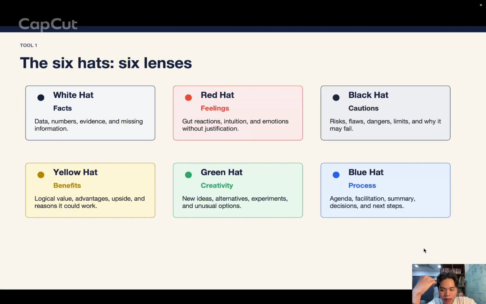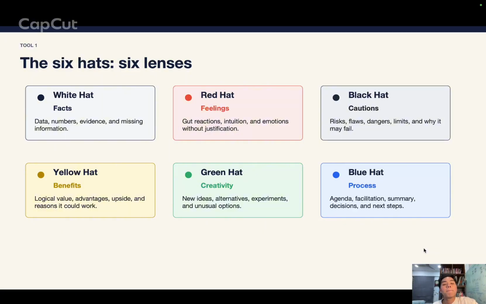This is where the brainstorming happens. So we generate alternatives, experiments, unusual solutions. So they are always trying to be creative and thinking outside the box. And finally, we have the blue hat, the process.